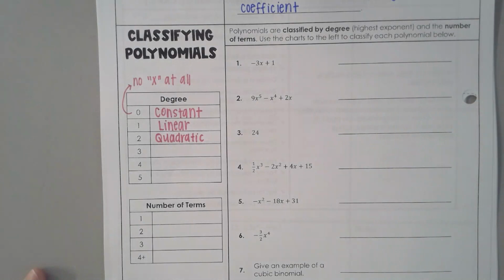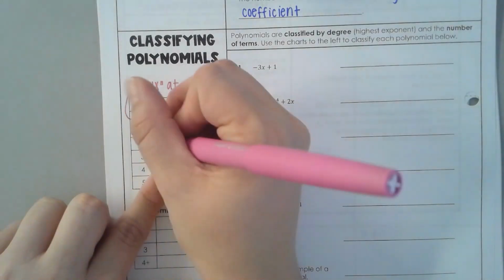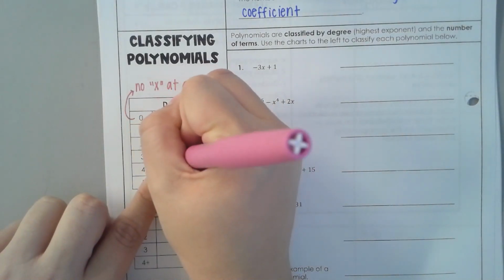We spent a lot of time on quadratics. We spent a whole unit on it. Polynomials is kind of like an umbrella of things. Quadratics is just one of the things under the umbrella. A degree of 3 means that it is cubic.